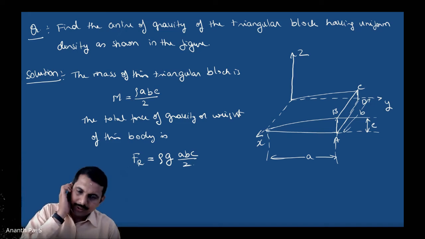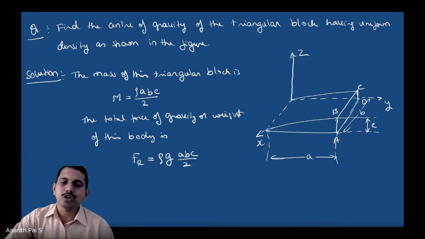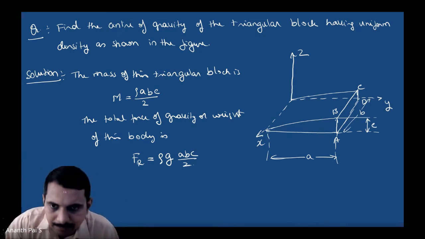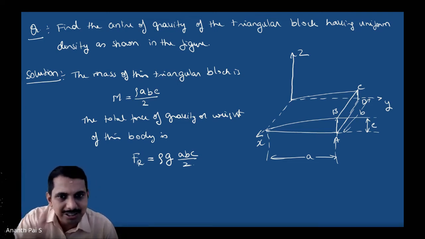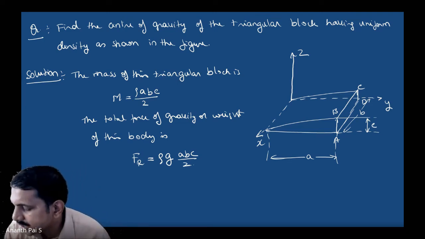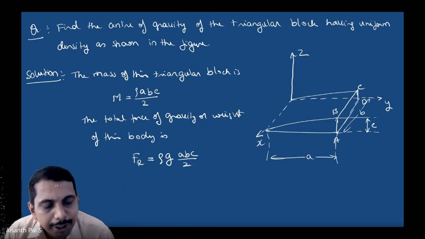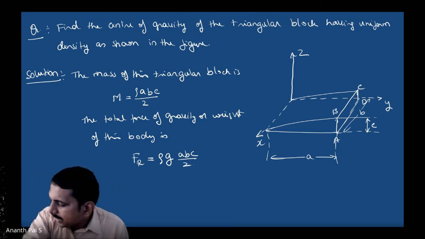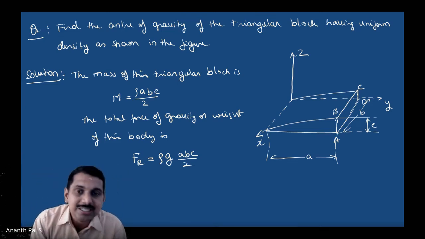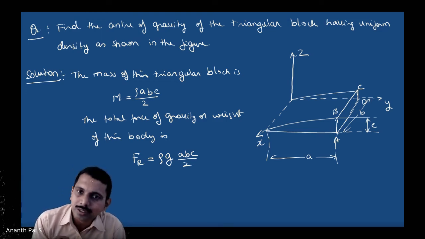Correct? That is the total force of gravity or weight of this body. Now we have to find out the centroid of this. How will we do the centroid of this? We have to find out where the Y changes, where the X is, and where the Z is also. So all the three things we have to find out. Let us do that.